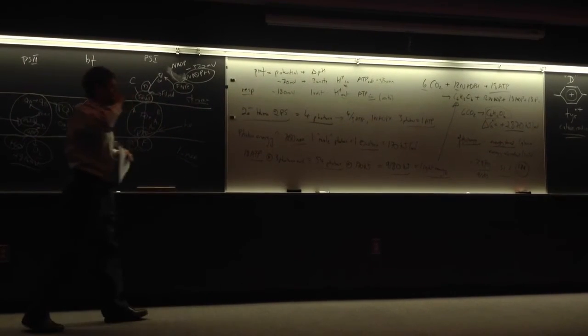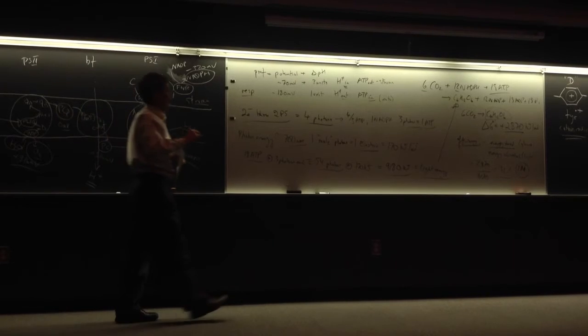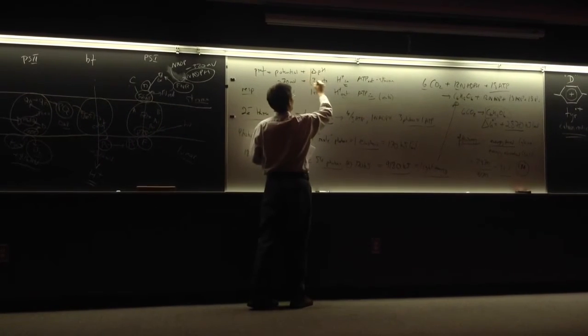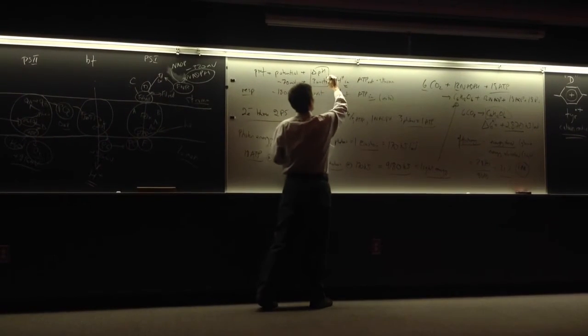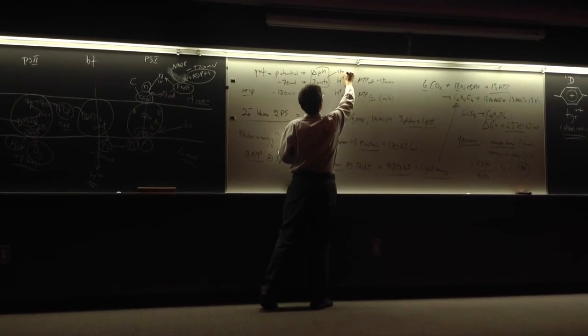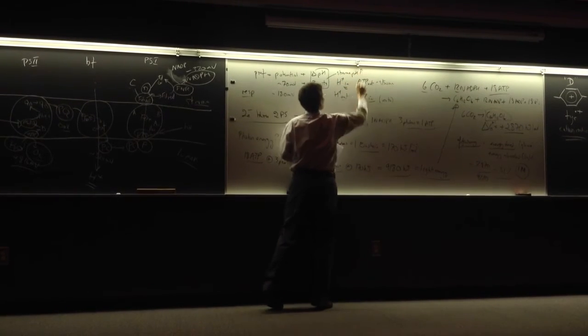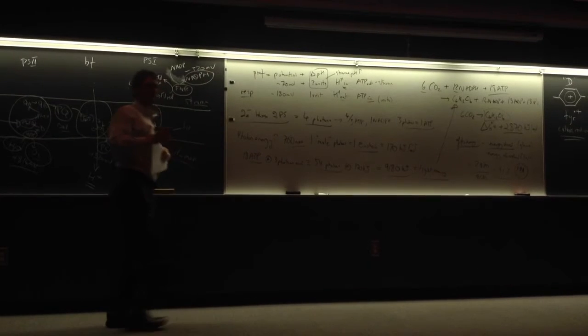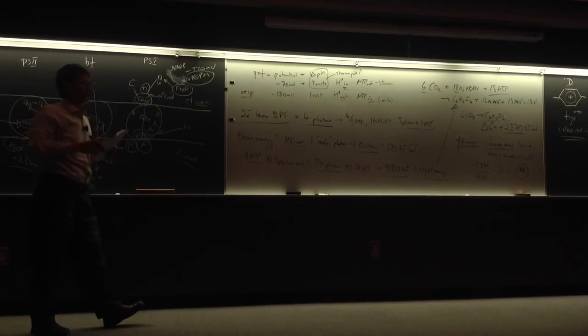Okay, so we'll come back to that later, particularly this large pH change. This large pH change occurs in the stroma, where the pH is going to go up dramatically, becoming more alkaline. And that has a regulatory effect.